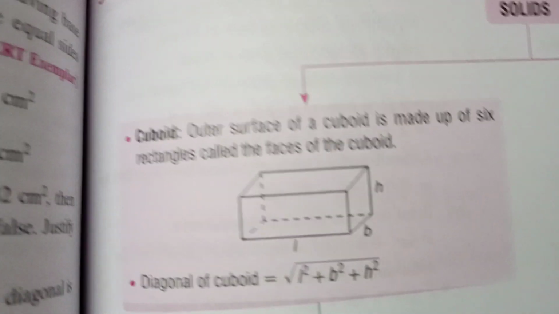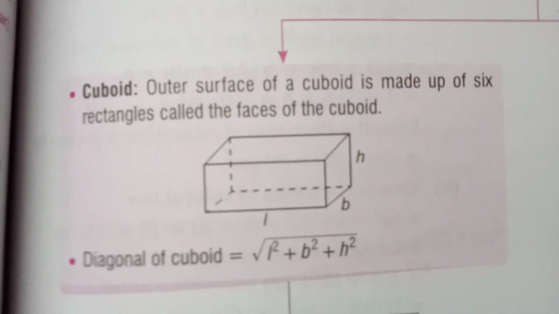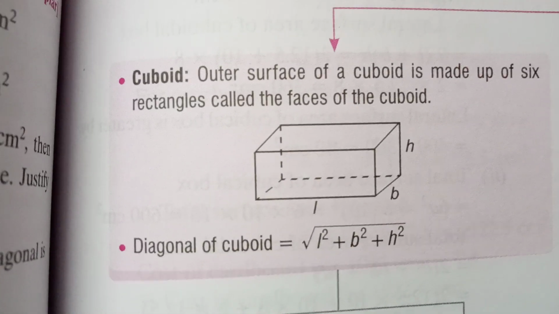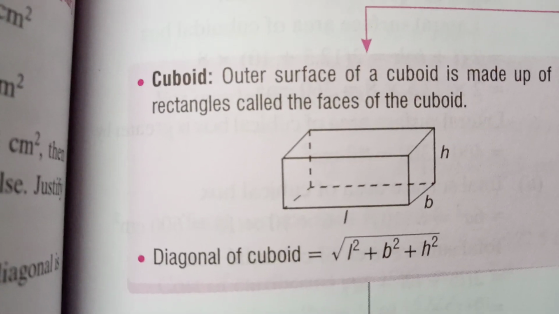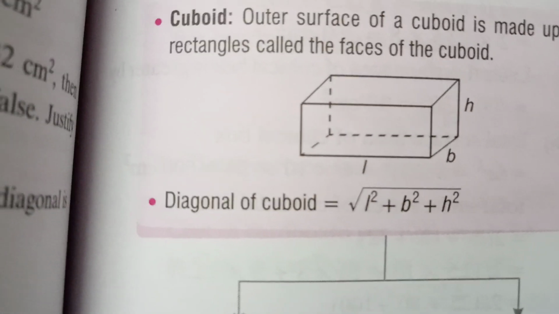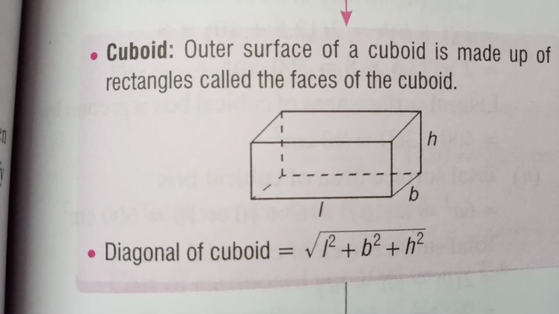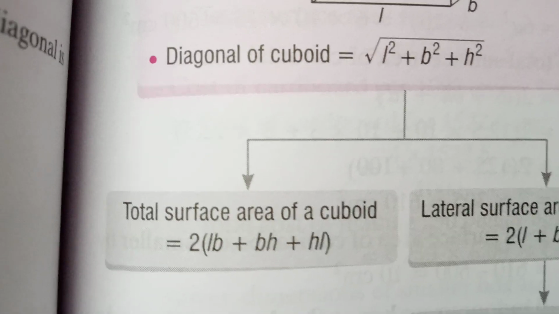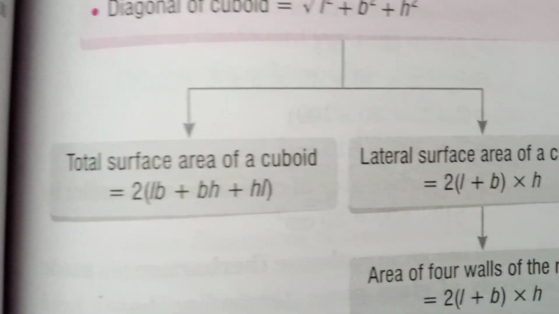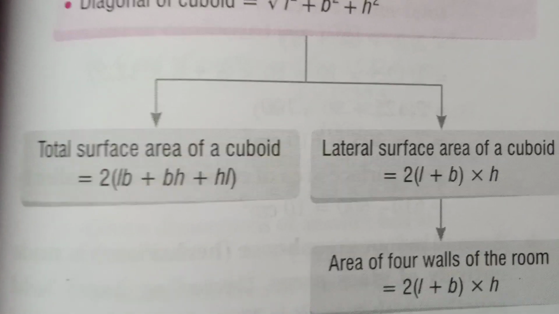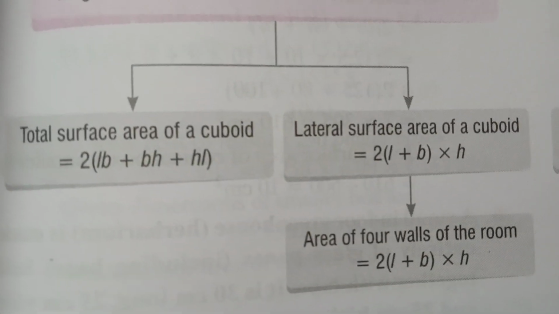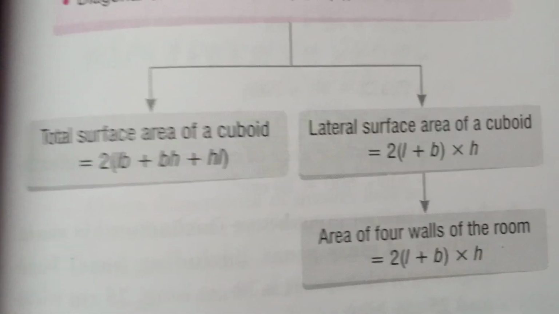So once again we see the cuboid. The outer surface of a cuboid is made up of 6 rectangles called the faces of the cuboid, and the diagonal of the cuboid is under root L square plus B square plus H square. The total surface area means 6 faces: total surface area of the cuboid is 2 into (LB plus BH plus HL).